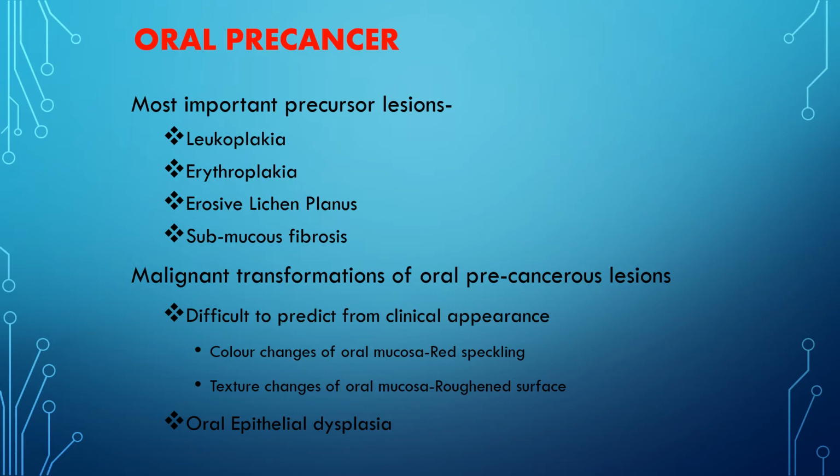And the lichen planus, the etiology of lichen planus involves a cell-mediated, immunologically induced degeneration of the basal cell layer of the epithelium. The prevalence varies from 0.5% to 2.2%.